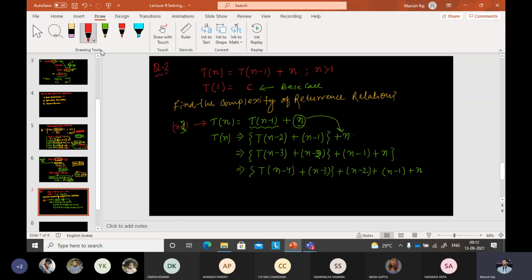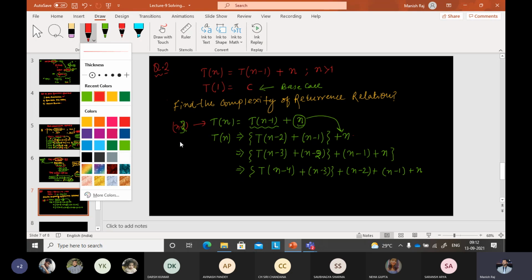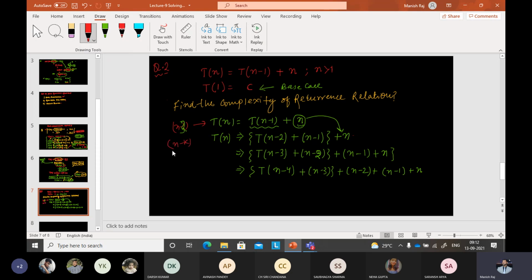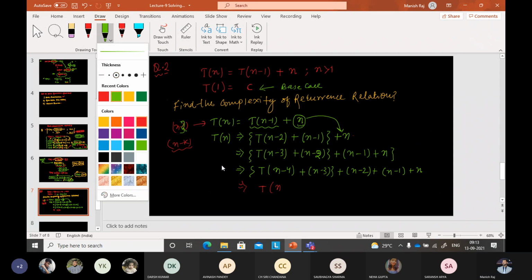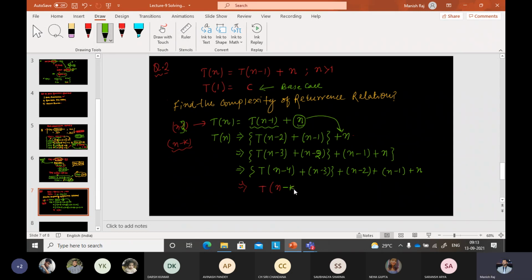So now I am putting some value k here, n-k. What should the situation be? I can write Tn-k, and then n-k will be there.